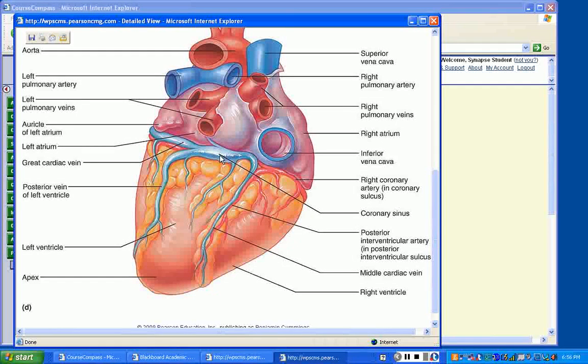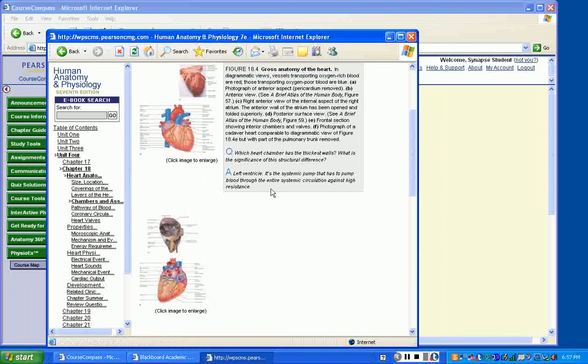And then these coronary veins, they like to change their name and call them cardiac veins. So if you look on the back, you'll see one big one. It's called the middle cardiac vein on the back side. And then I'll go to the front, and we'll have a great one and a small one.